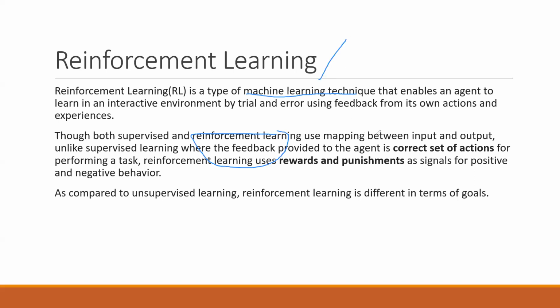If the output is correct, we'll assign a reward for it. But if there is some fault or some negative action, we will assign some punishment for it. So the goals of reinforcement, supervised, and unsupervised learning are different.